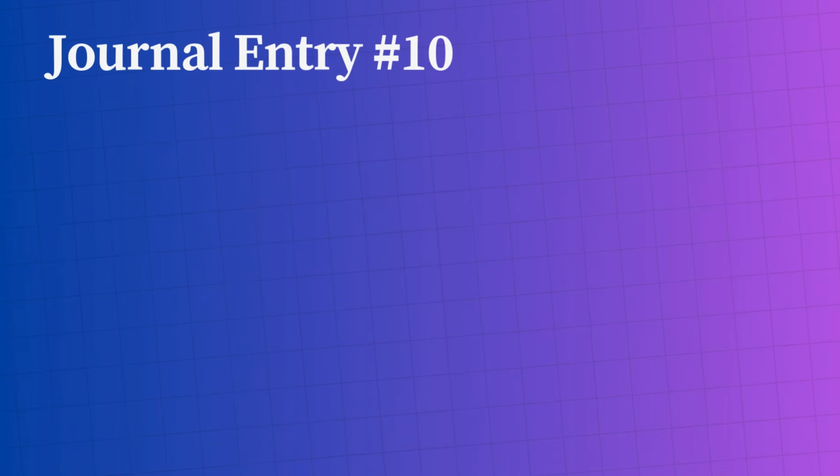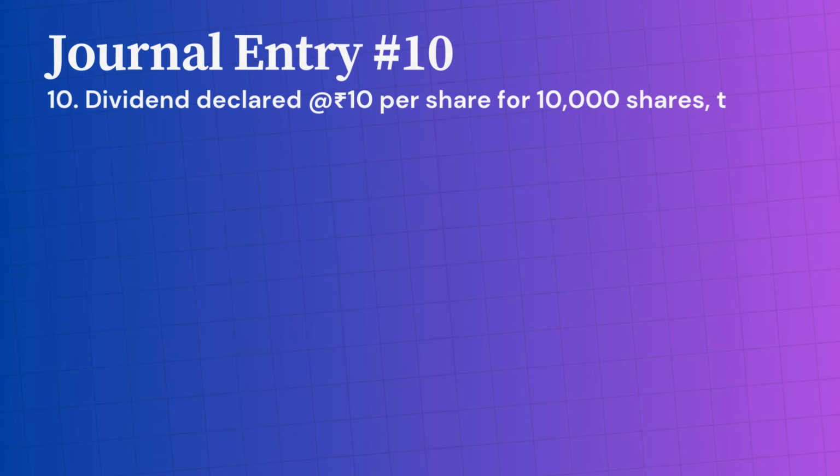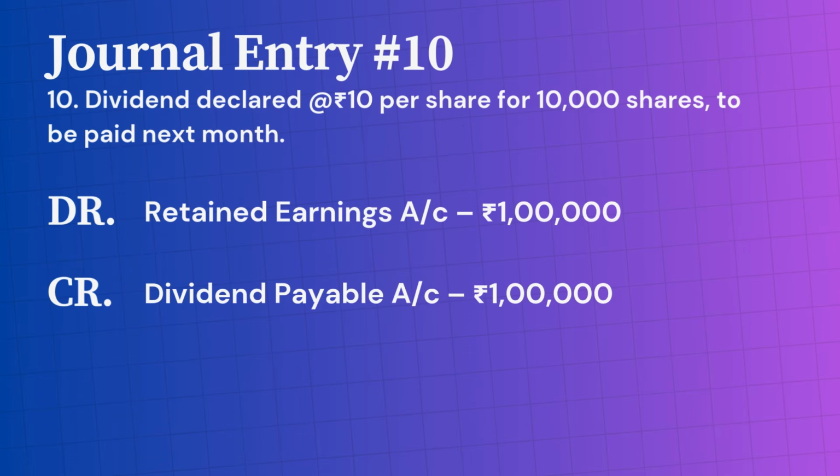Moving ahead, let's talk about our journal entry number 10, dividend declared at 10 rupees per share for 10,000 shares to be paid next month. So to book the dividend declare entry, we will debit retained earnings account 1 lakh rupees, and we will credit dividend payable account 1 lakh rupees. Why?